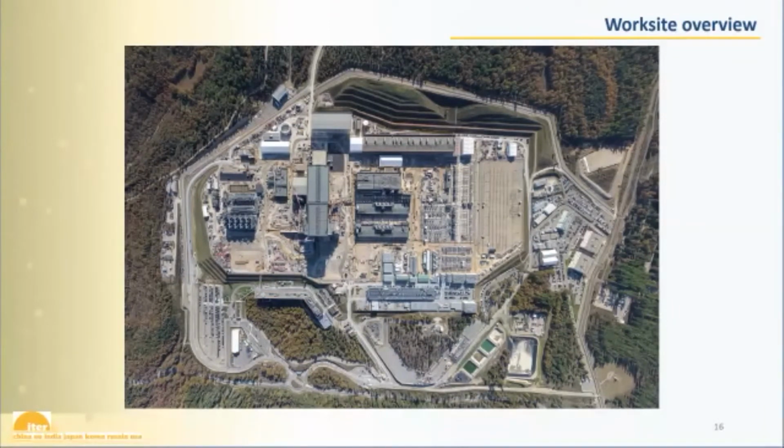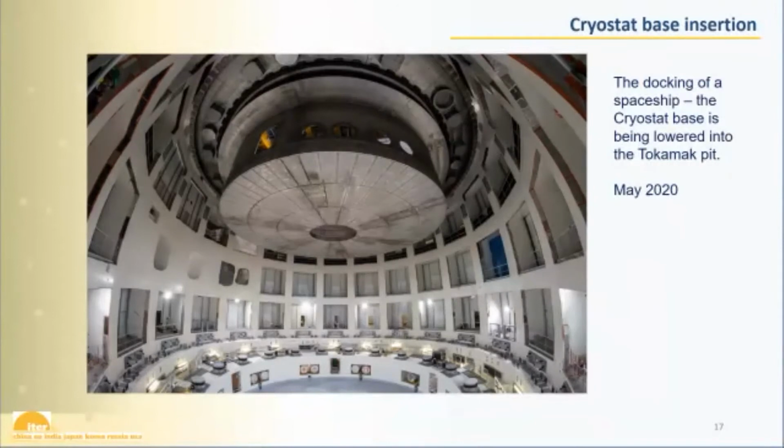It's a huge work site, and in the core, in the middle, you see this long building. This is what we call the Tokamak building. And this is what it looked like in May last year when we lowered the first real ITER component, the cryostat base, which is the largest, the heaviest single load, 1,200 tons, into the pit.